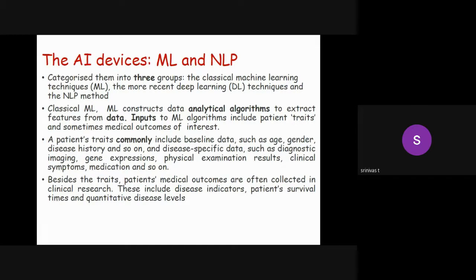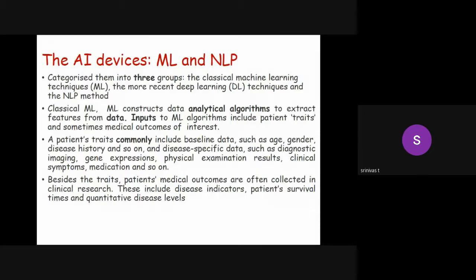ML constructs data analytical algorithms to extract features from data input. The inputs to an ML algorithm include the patient traits and sometimes medical outcomes of a test. The patient traits commonly include baseline data such as age, gender, and disease history. Disease history is also a focus.